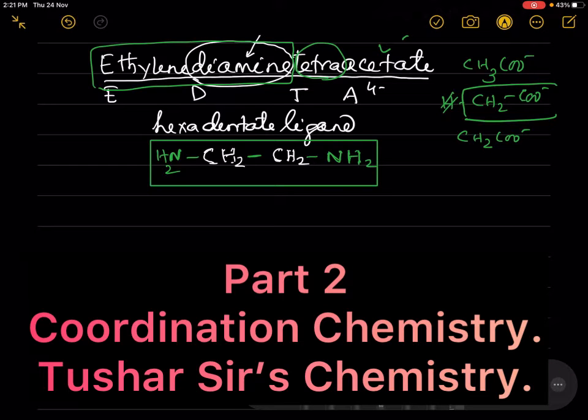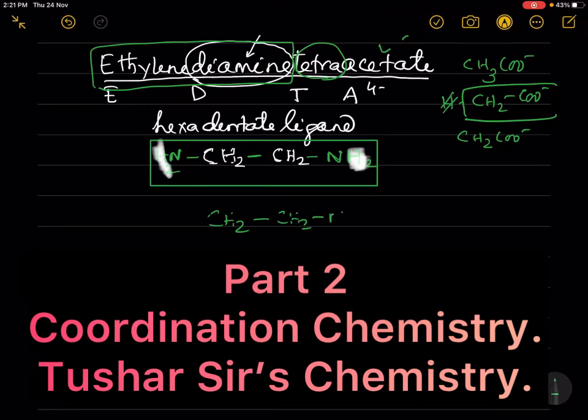So we have to remove these 4 hydrogen atoms. So the structure will be CH2 single bond CH2 N, and these 4 hydrogen atoms are substituted by CH2CO minus.